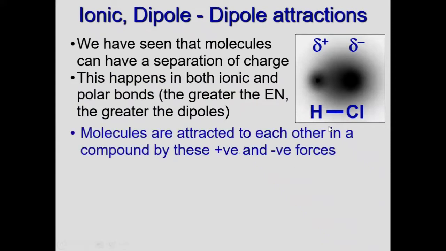So for example, in this illustration of hydrogen and fluoride bonding, the electron is pulled towards the atom which has greater electronegativity.